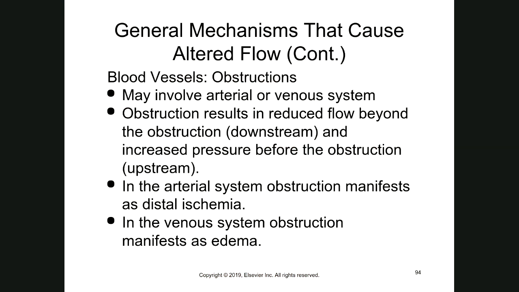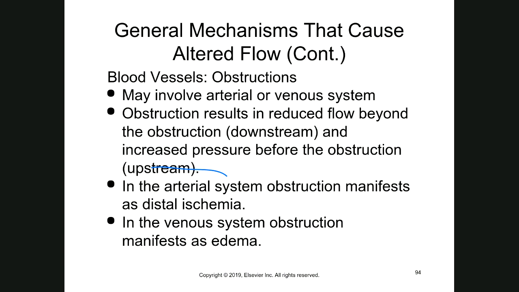Now we are jumping to another chapter, directly where I want to go. We are reaching the blood vessels, especially the obstructions. Remember, the obstruction could be in the arterial or the venous system. The obstruction reduces flow downstream beyond the obstruction and increases pressure upstream before it. In arterial system obstruction, you have distal ischemia.